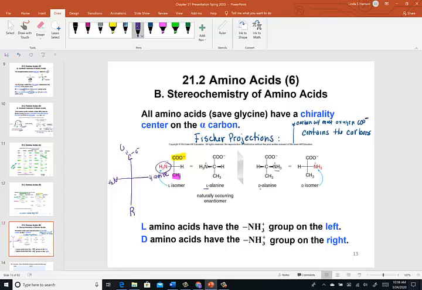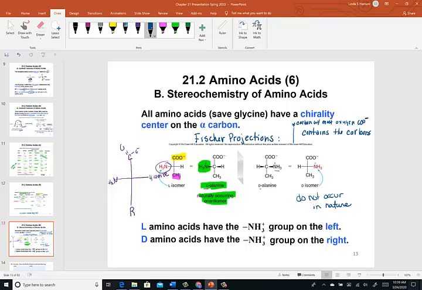Levo and dextro rotary. Do you remember that from chirality centers? Levo means left, dextro means right. Now, something critically important to note in your notes here, the naturally occurring enantiomer is the L enantiomer, where the amine group is on the left. These do not occur in nature. That D isomer, where the amine group is on the right, is just not found that way in nature.